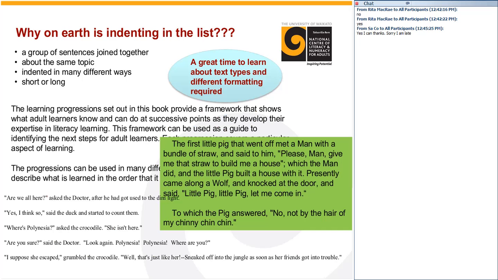And yeah, all the different text types have different indentations. My suggestion is to get a whole lot of different ones and put them all over the table for learners to look at. So when they're looking at how things are indented, they realize that, in fact, in order to understand the text type that they're aiming for, they'll need to use perhaps a certain type of indentation.